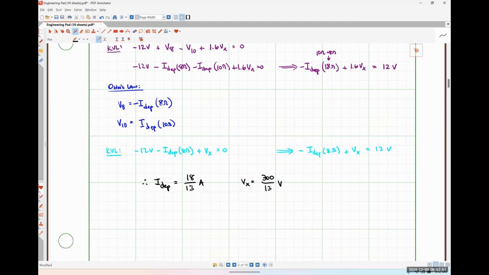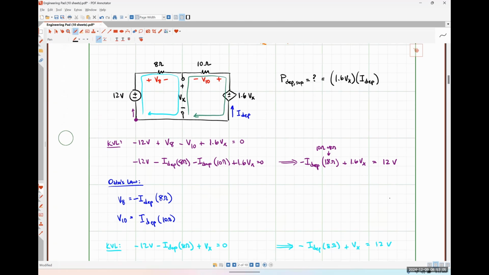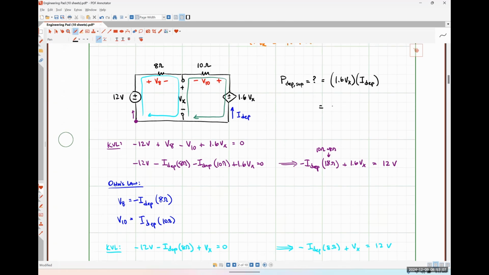So, assuming I don't have any further mistakes buried in this problem, we now actually have all of the information that we need to solve for that power that we were originally looking for, right? So if we come up here to the top, that's going to be 1.6. What are the units on that 1.6?